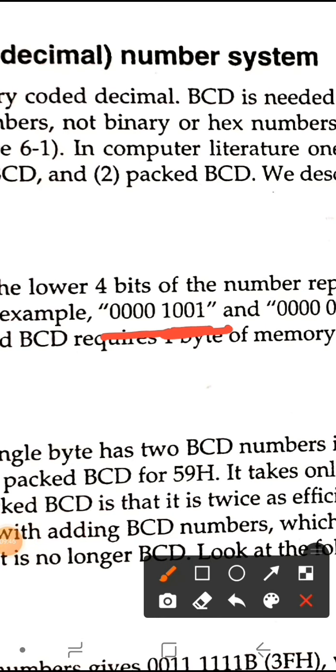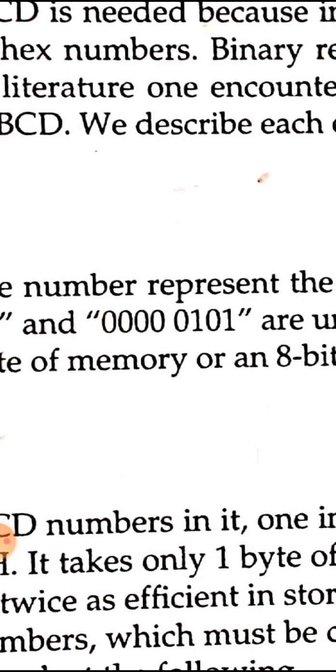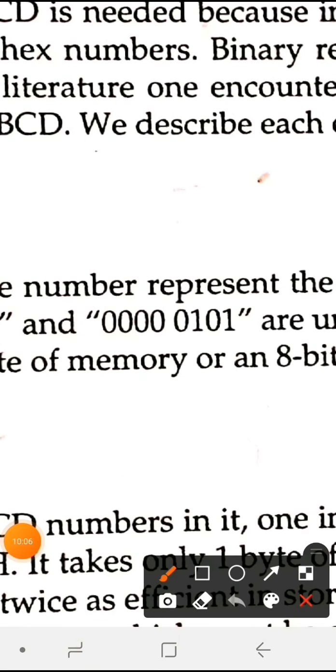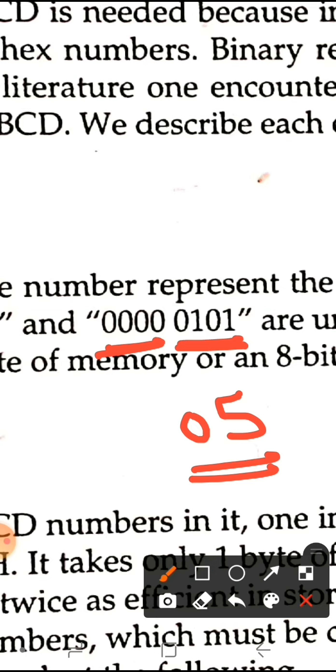The remaining 4 bits will be 0. Therefore, this number is 09. For example, if you take this other number, the low 4 bits represent the BCD, so this is 5 and the higher 4 bits will be 0. Therefore, this is the unpacked BCD form of 05.